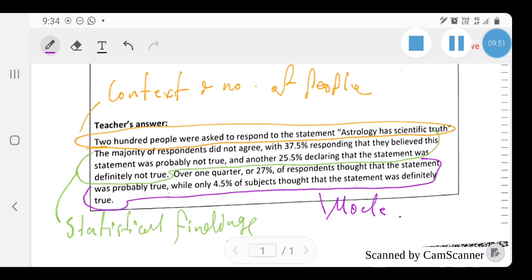That's in orange there. In green, that's where you present your statistical findings. This many percent responded in this way, this many percent responded in this way, and so on. And then in purple, that's when you want to put the modal categories. So what category received the highest number of respondents?